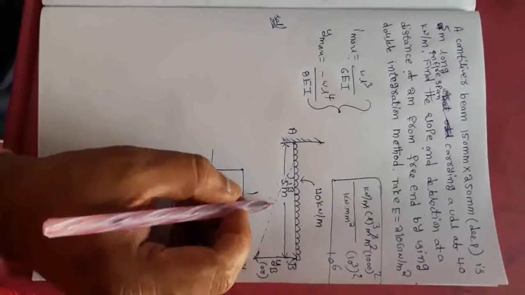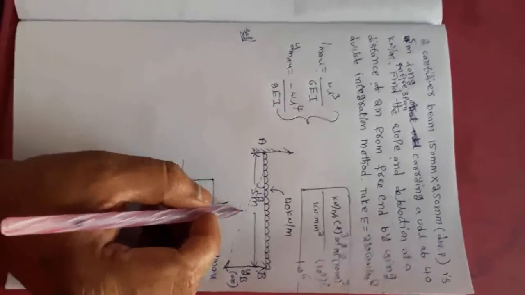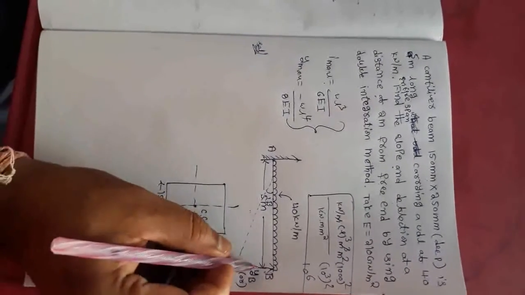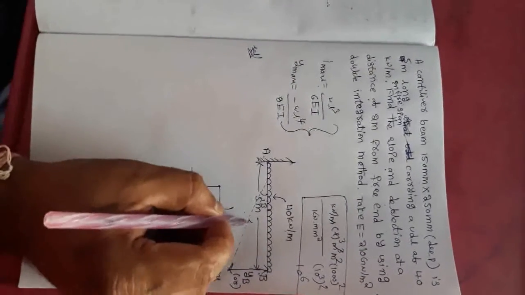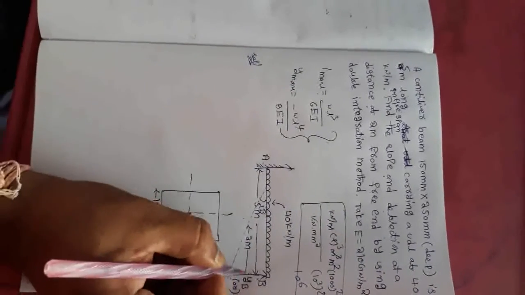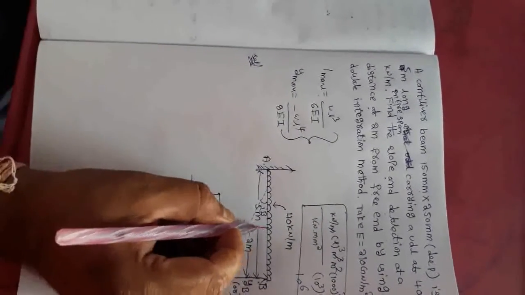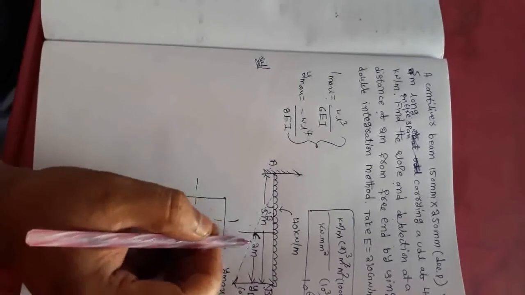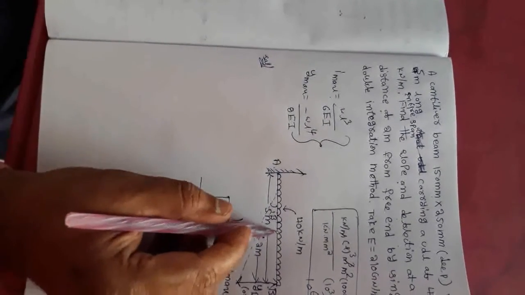So he wants the deflection and slope at 2 meters from the free end. This is the free end and this is the fixed end, and this is the 2 meters distance from the free end. Here he wants the slope and deflection at this point.